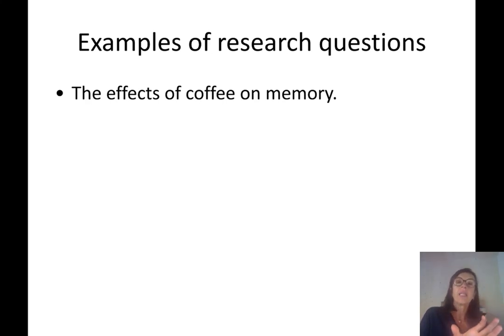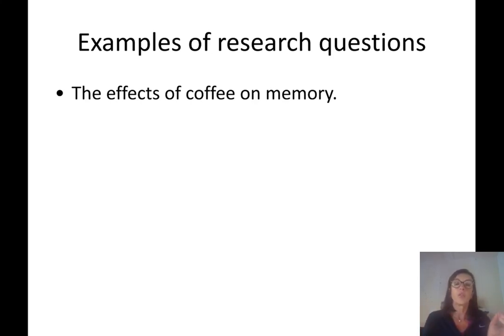Previously, I said coffee, the independent variable, is what I manipulate as in an experiment. I am able to manipulate it. In other types of studies, I just observe it. But in an experiment, I manipulate it. And you're like, what does that mean? How do I manipulate coffee? Well, think about it. If I really want to test the effects of coffee on memory, and I set up an experiment where I control this independent variable, let's say I have a group of 200 students and I test them.